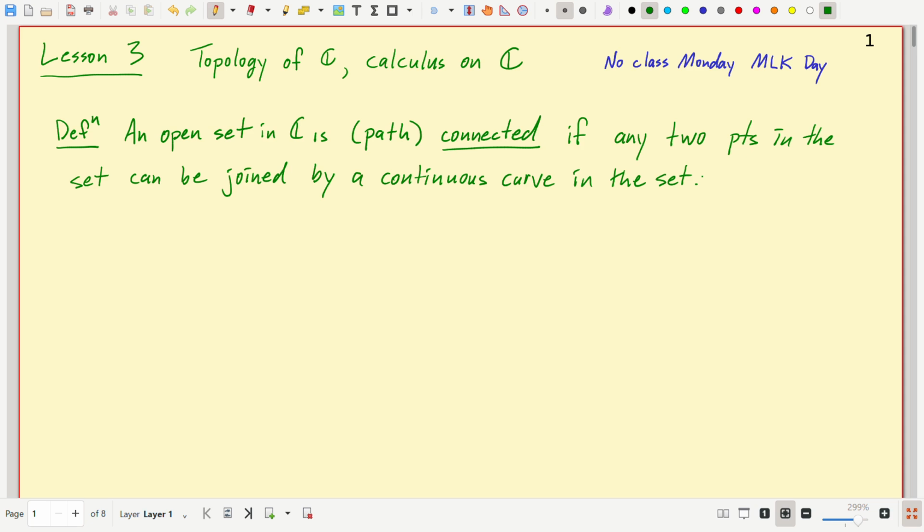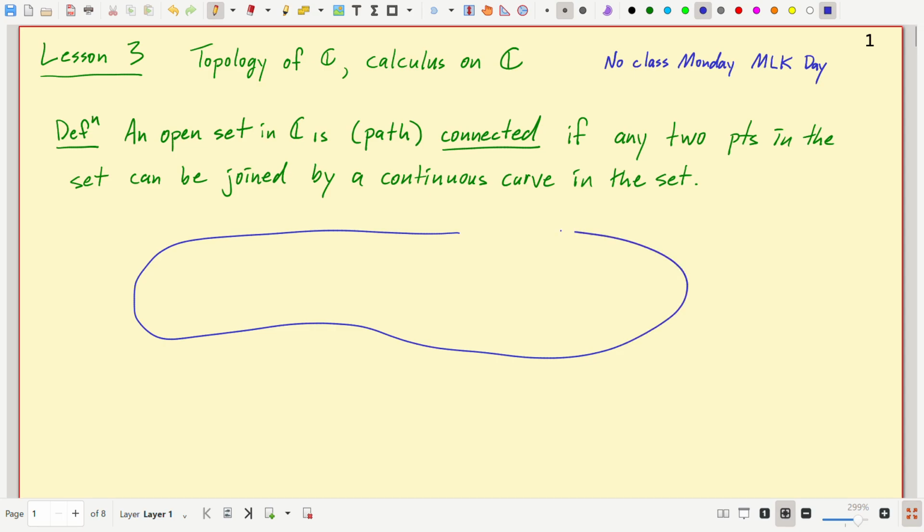And here's a picture. Here's a blob in the plane. It can have holes, but being connected means give me 2 points in there. Here's a Z1, and here's a Z2.